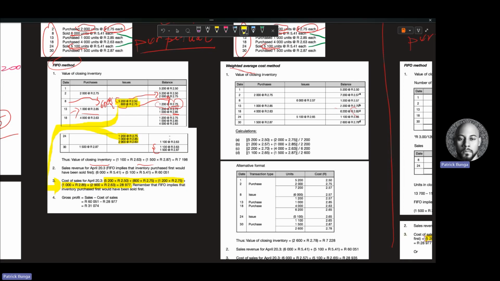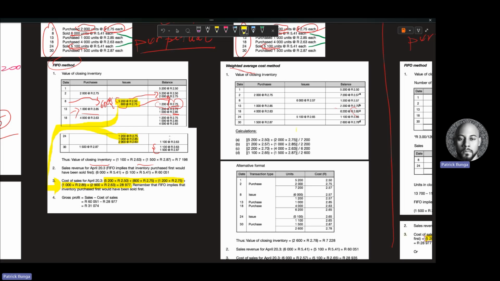Because we structured it properly, you basically just take this, you multiply 5,000 by 2.5, 800 by 2.75, plus 1,200 by 2.75. That's all that you have here. That's how you find the cost of sales.